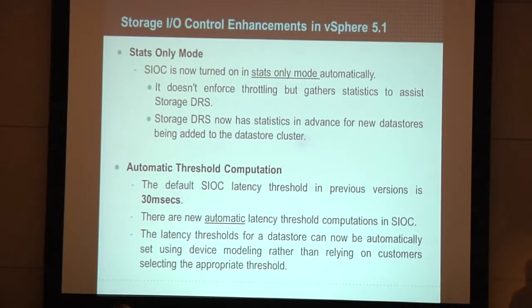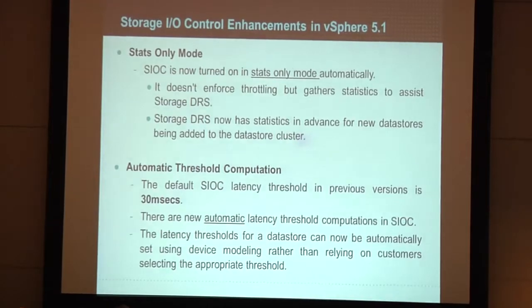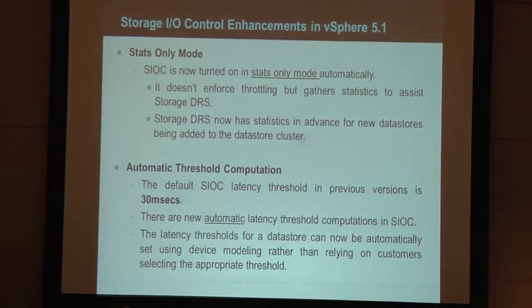And what happened is that it would then have to collect a whole load of stats about your storage before it could make intelligent decisions about it. So it's now turned on in stats only. So it doesn't enforce throttling, but it gathers statistics so that if you do turn storage I/O control on, then it's already got the information it needs to start sharing out your storage effectively.